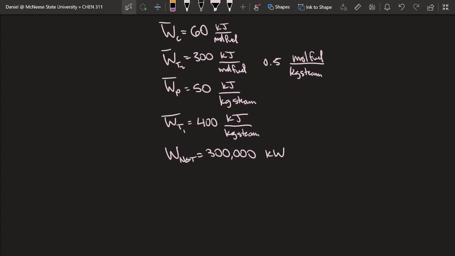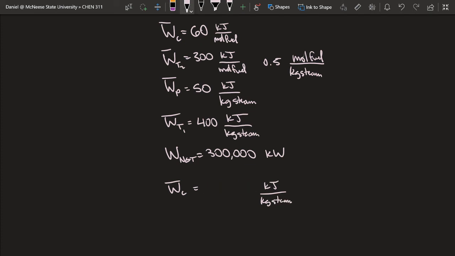So if I take my compressor, and I want it in kilograms of steam, so that everything's in kilograms of steam, I'm going to take this 60, multiply it by 0.5, and now I have it in kilojoules per kilogram of steam.